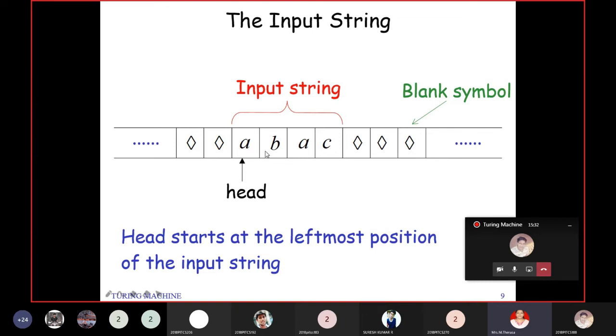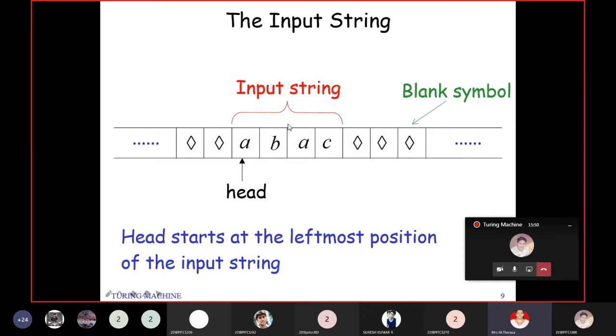Suppose you have A, B, A, C as the input string, and before it you have an infinite number of blank symbols, and afterwards you have an infinite number of blank symbols, because the tape length is infinite in nature.